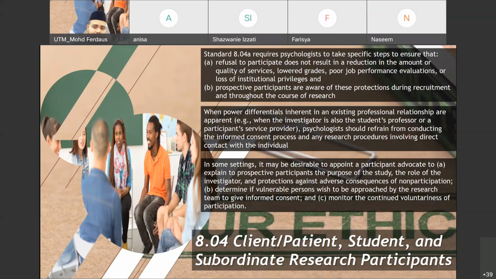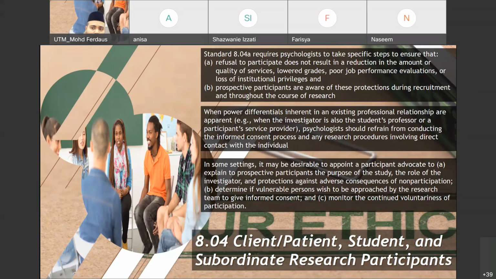Secondly, prospective participants are aware of this protection during recruitment and throughout the course of research. Sometimes the boss or the supervisor is clever, but not in the right way. They ask their underlings, the officers under their purview, to participate in the research, but they don't inform them that if they don't participate, there will be no consequences.